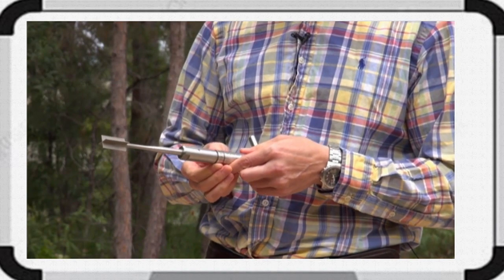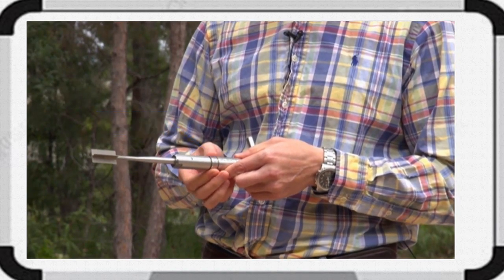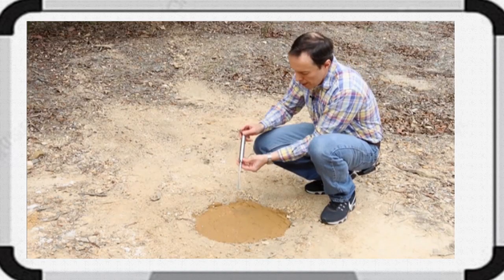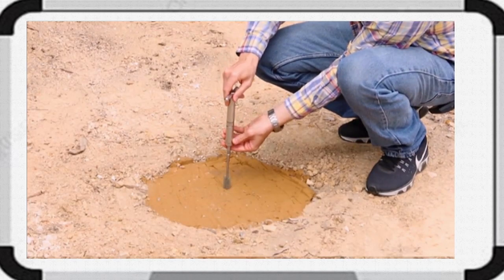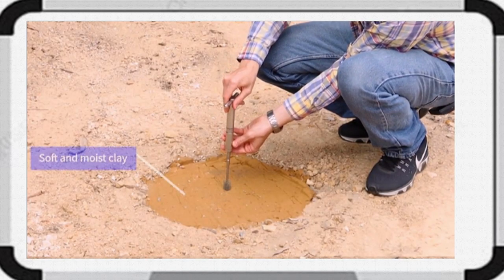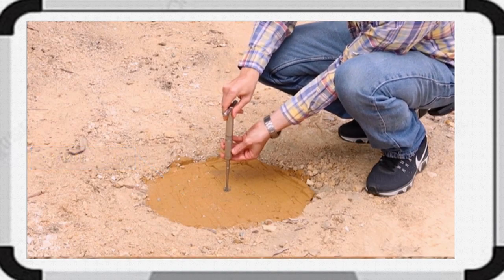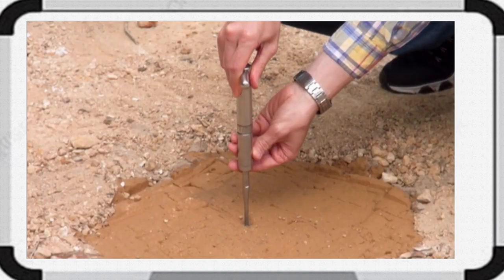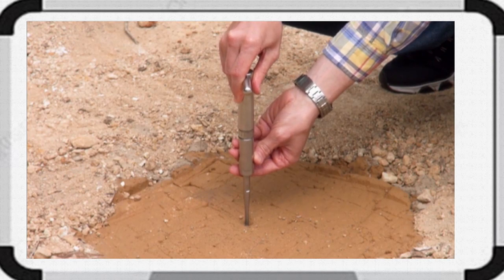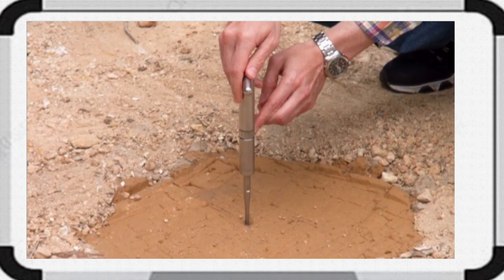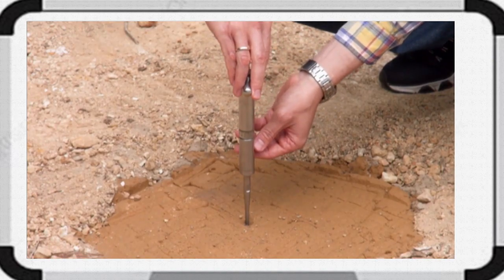The scale is given here in kPa, and then we look at the results and analyze them. I'll do a vane shear test on this soft soil. We put the vane shear apparatus in the soil so that the blades are covered with soil. We make sure that the scale is set to 0, and then we slowly rotate at 1 revolution per minute.